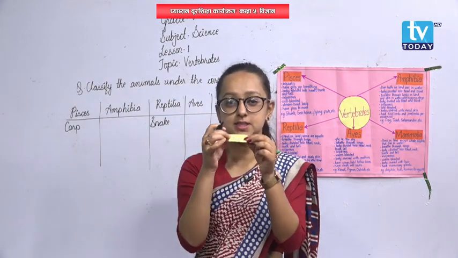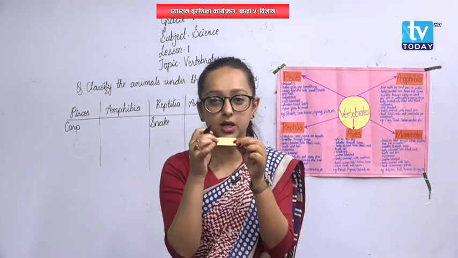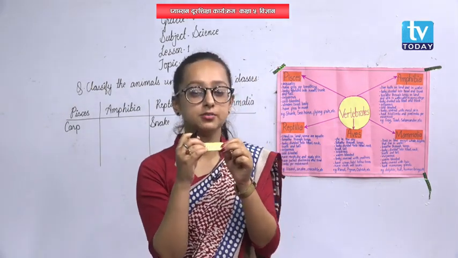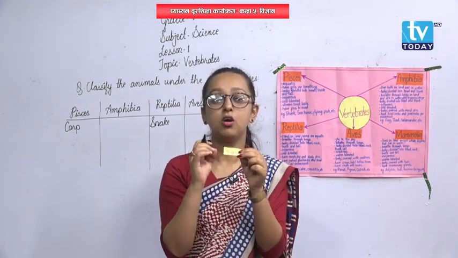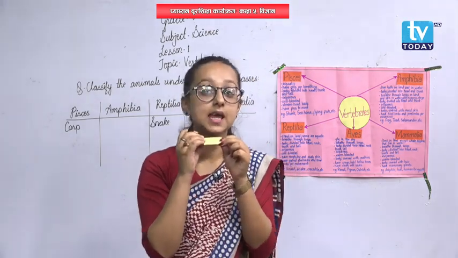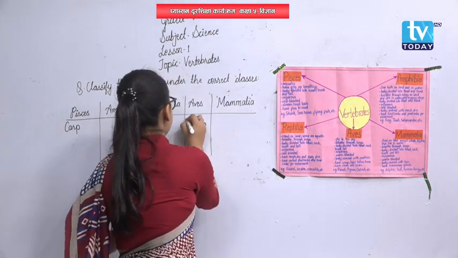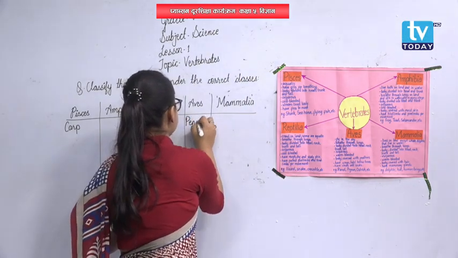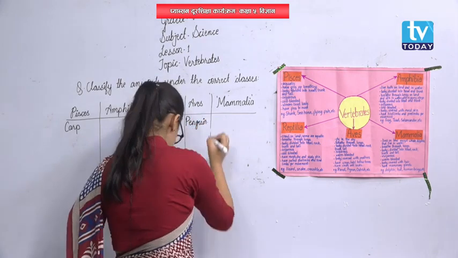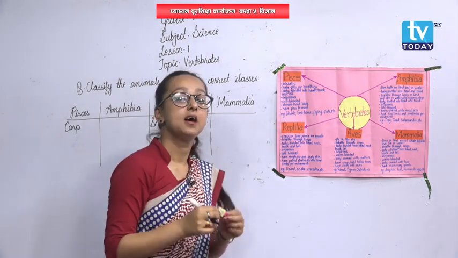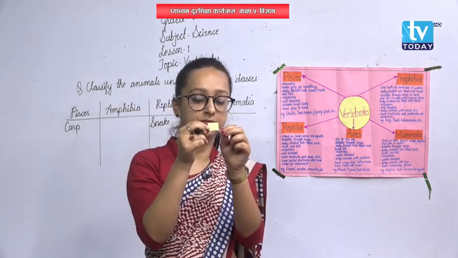Penguin, what is it? It is a bird, and I have already given you a very easy hint that all the birds lie in the class Aves. So, penguin also lies in the class Aves. Next, I have frog over here.